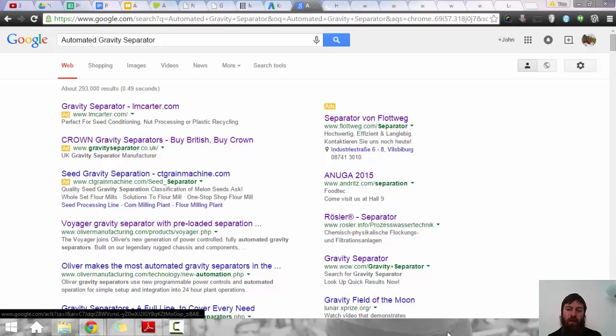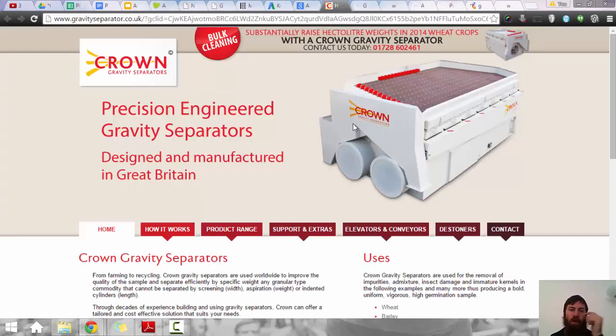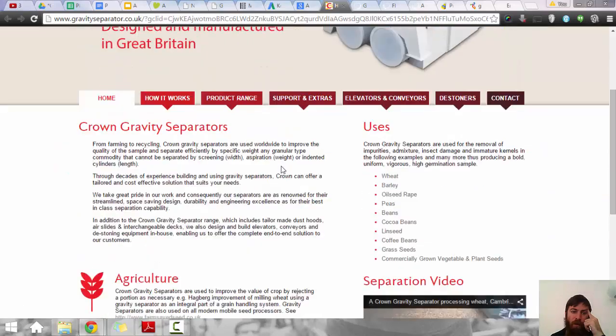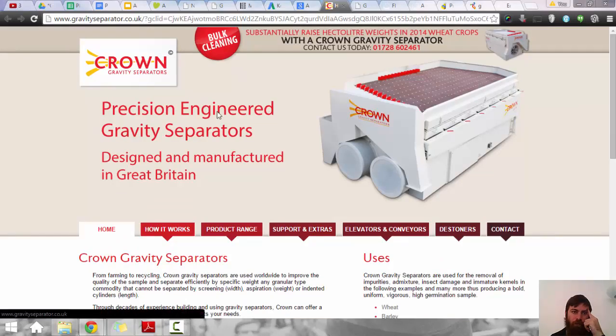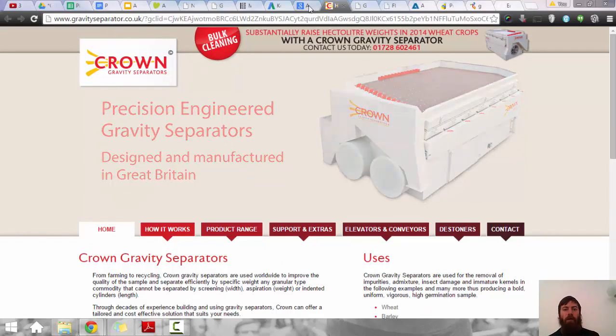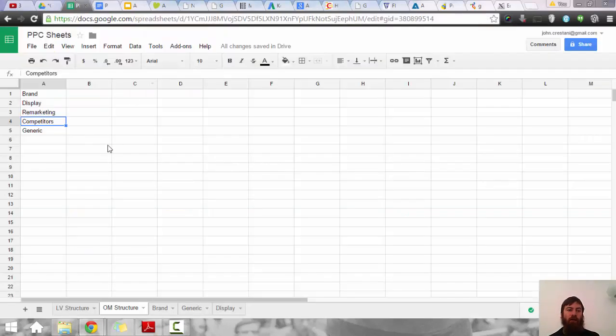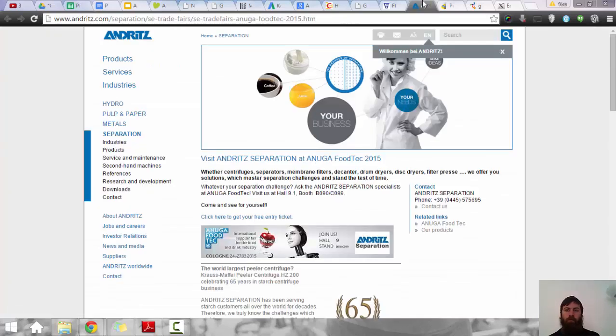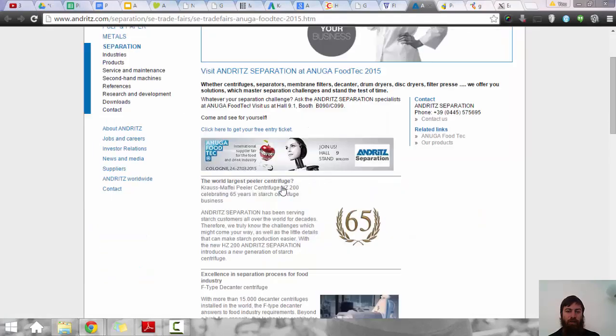Well, it actually looks like a number of companies are showing up. Crown gravity separators. So what we'll do is we'll just throw this in here. Crown gravity separator. AdWords.